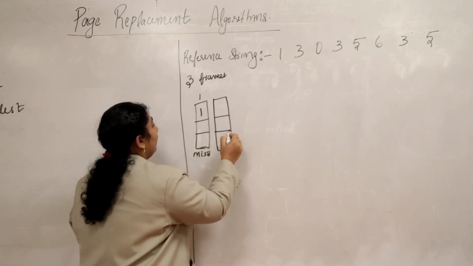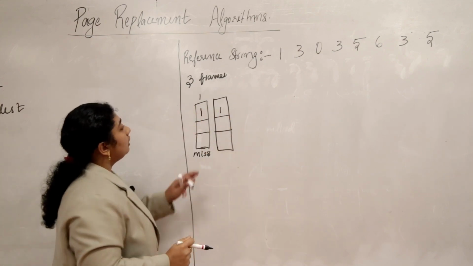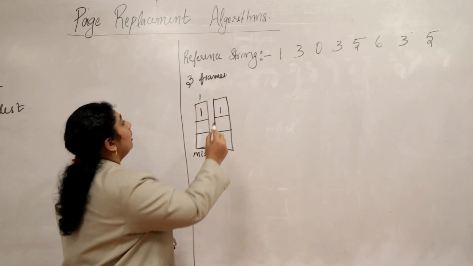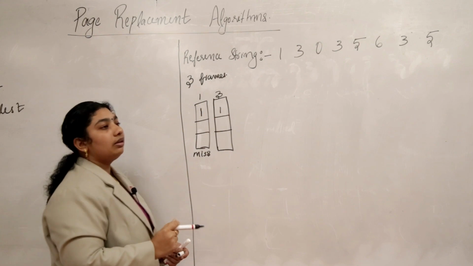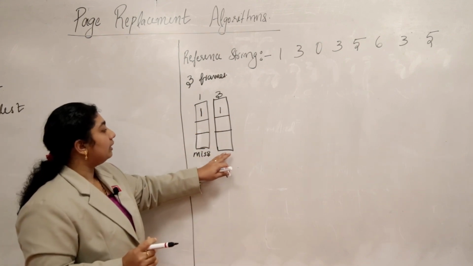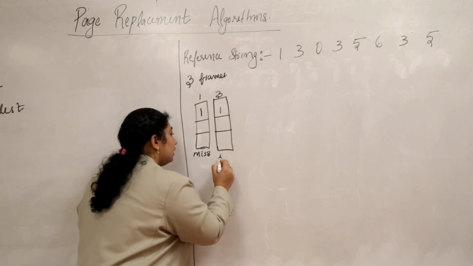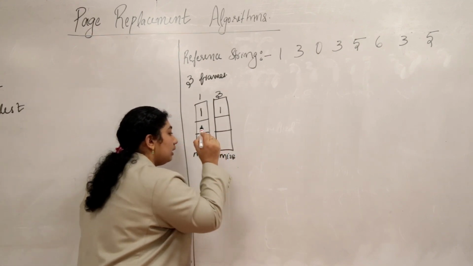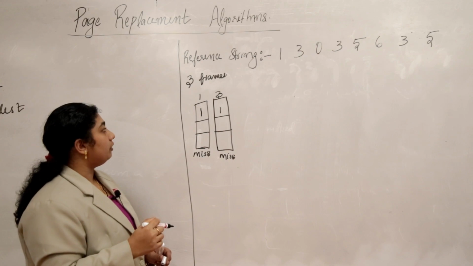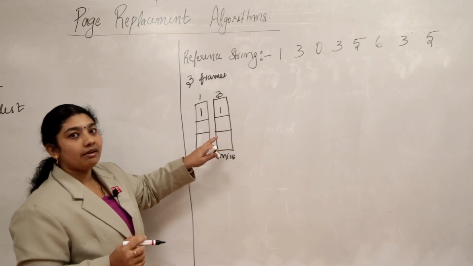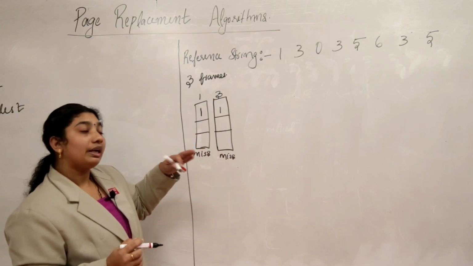Now this is the physical memory frame status. The next request is for page number 3. Again we check whether page 3 is present in the physical memory. It is not present, so it is a miss. The page should be loaded to the physical memory, but as free spaces are available, we need not do replacement.